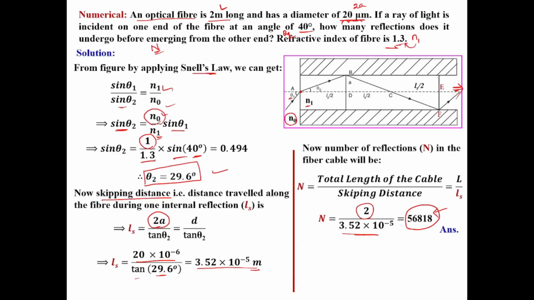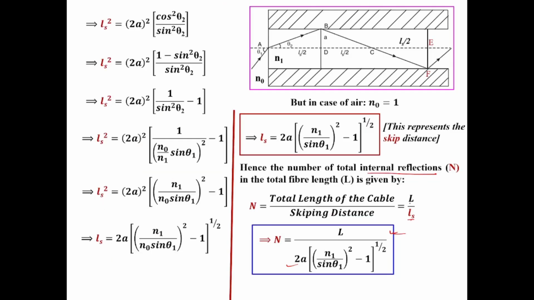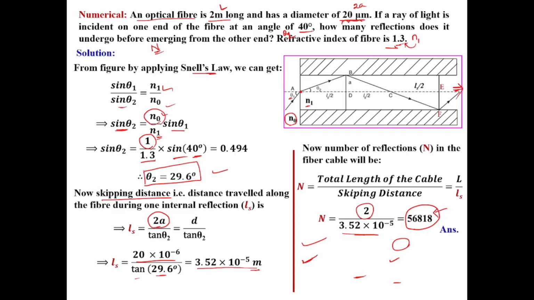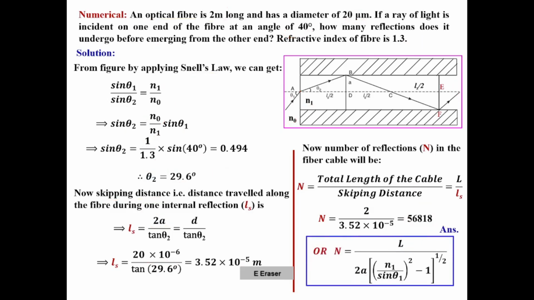Okay, this numerical you can also calculate by using this formula directly, where L is given, 2a is given, n1 is given as 1.3, and theta 1 is also given as 40 degree. Just use this formula and you can directly find this answer. Okay, by this way or this way you can calculate the value of N as you wish.